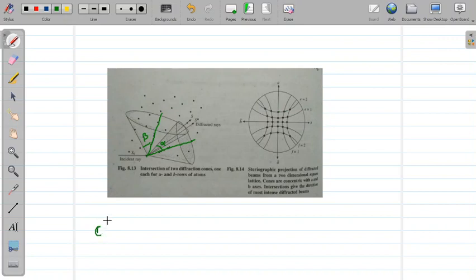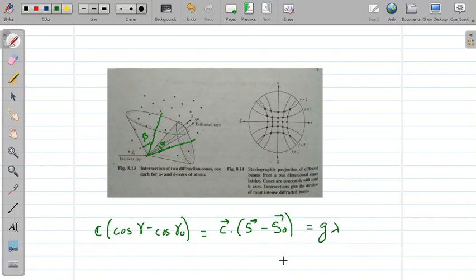The Laue equation will be C, the lattice parameter in the third dimension, into cos gamma minus cos gamma 0 equals C bar dot S bar minus S0 bar, which is equal to g lambda. If this condition is satisfied in the third dimension, we will get a bright diffraction pattern.